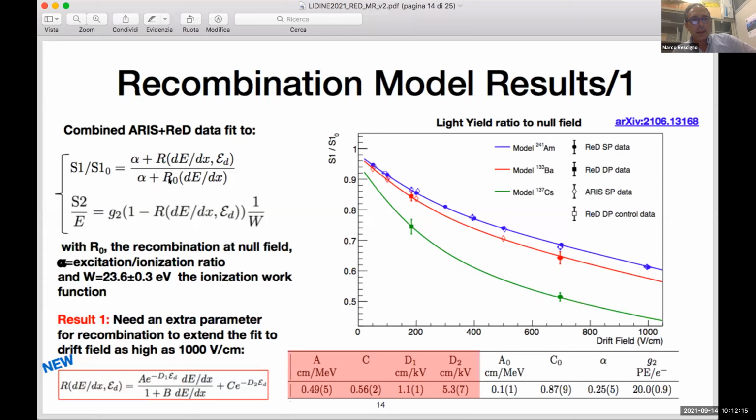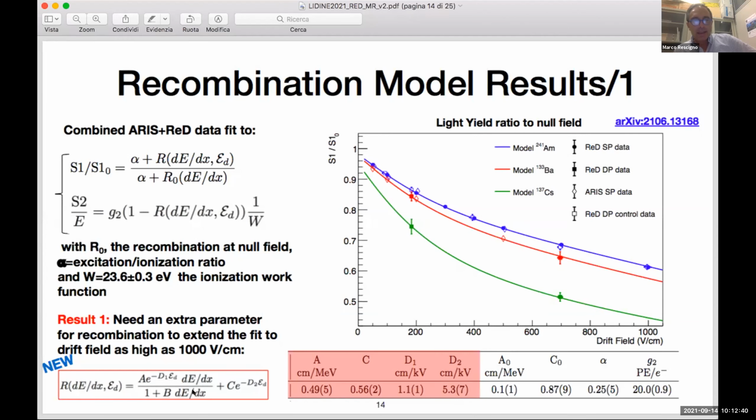To be noticed here is that we assume that we may not have full recombination even at null field, at zero field, and this is again different from what was done previously. In this formula, alpha is the known excitation to ionization ratio, and W is the ionization Bohr function.